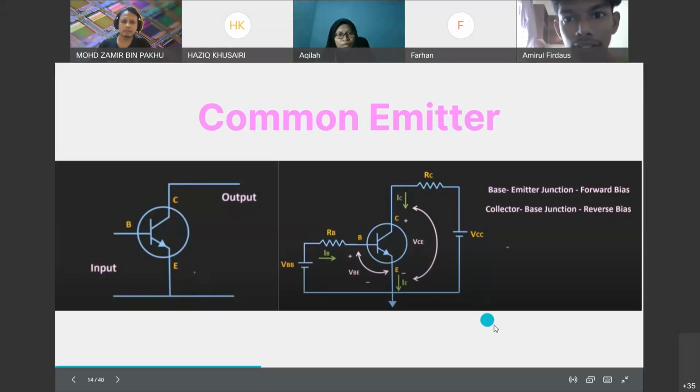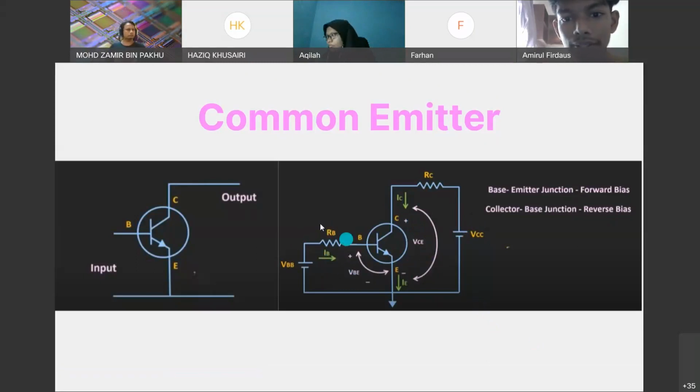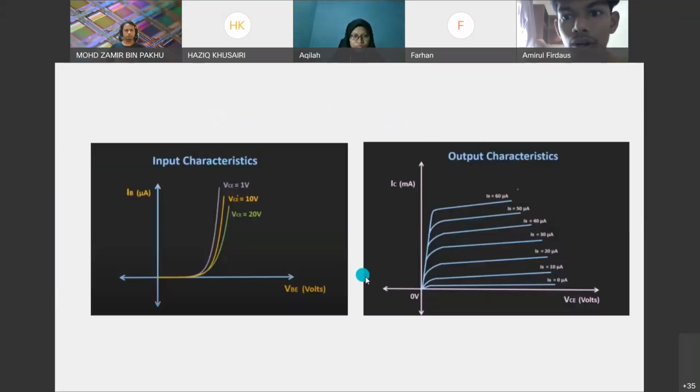For this common emitter, we need to amplify the base current, as we can see. On this input characteristic, as we increase this, the VBE will also increase.